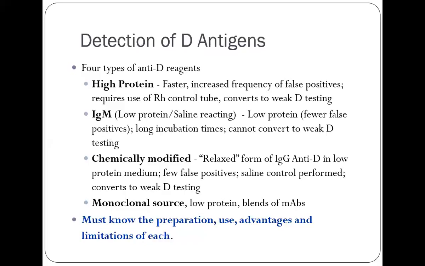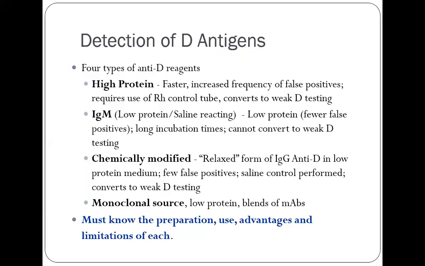So it has its pros and its cons. It's faster, and you can use it to convert to your weak D testing if you need it to be, so you wouldn't need to have 2 separate bottles, you could just use the one. However, the problem with it is that it has a frequency of false positives, and then it does require an extra step. You'd have to throw in a control tube, so you kind of have to weigh your pros and cons.